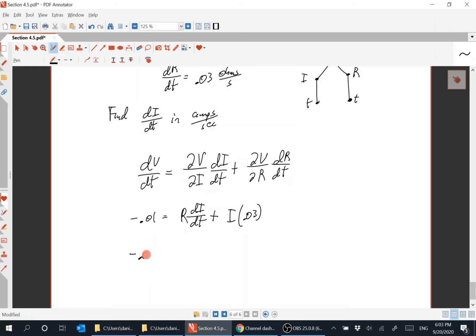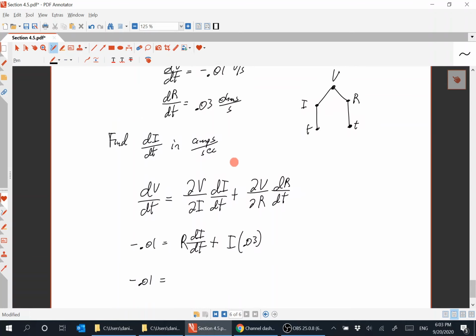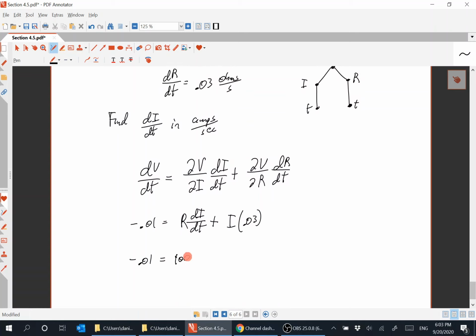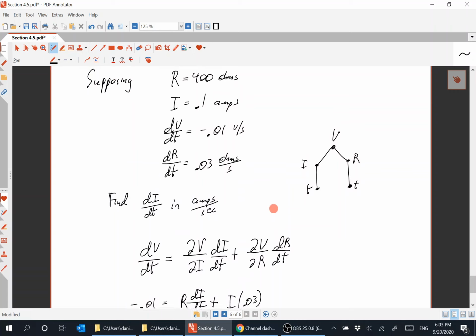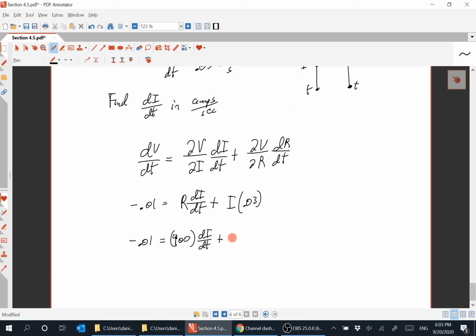So minus 0.01 is equal to the resistance, 400 ohms, times dI dt, plus I, the current, which is 0.1 amps, times the rate of change of resistance, 0.03.